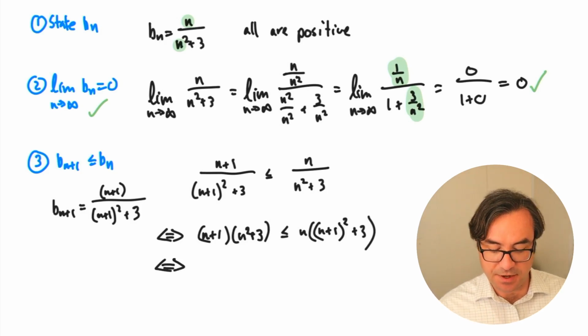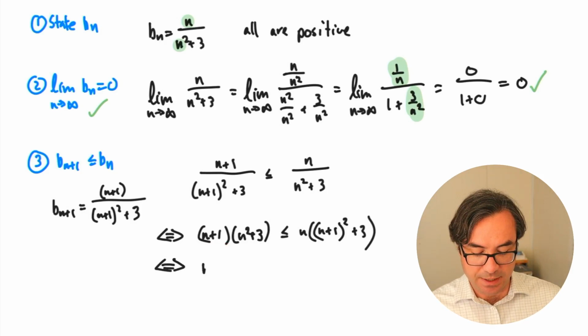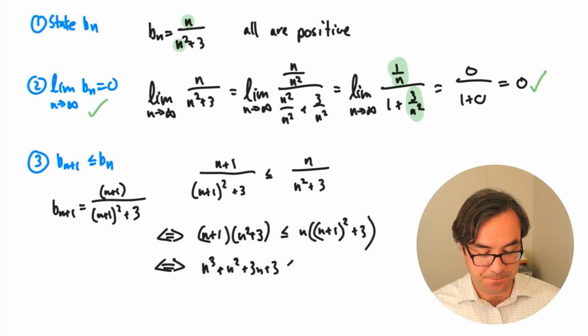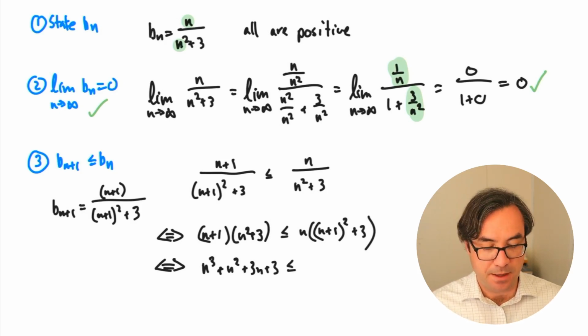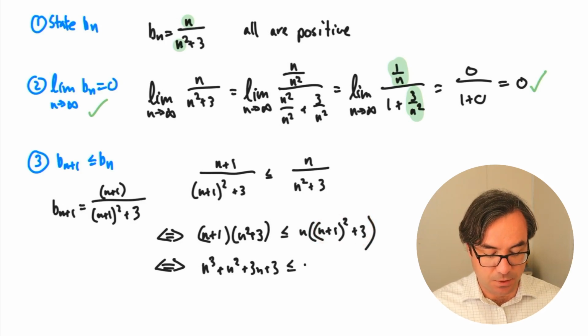So on the left-hand side, let's FOIL this out. And when we do that, we get n cubed plus n squared plus 3n plus 3. Okay. And what about on the right-hand side here? Well, let's first FOIL out that n plus 1 squared. So we're going to get n squared plus 2n plus 1.